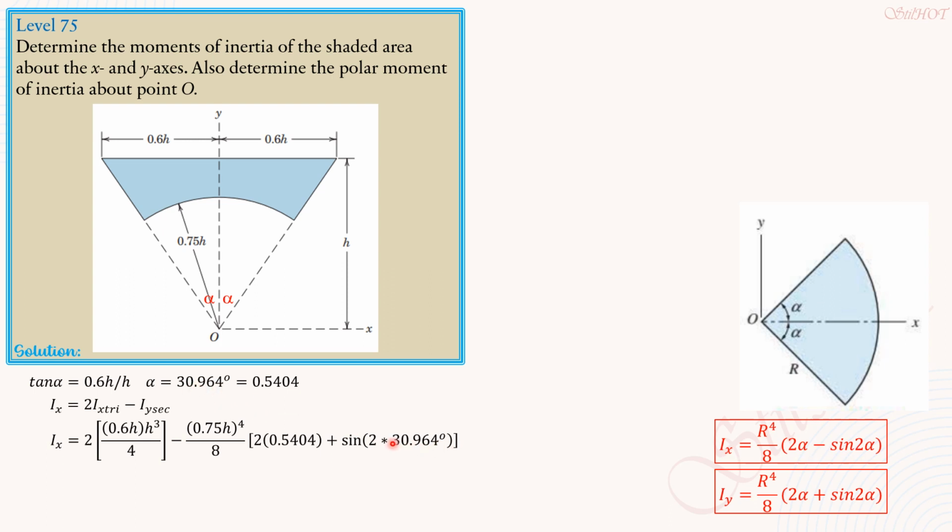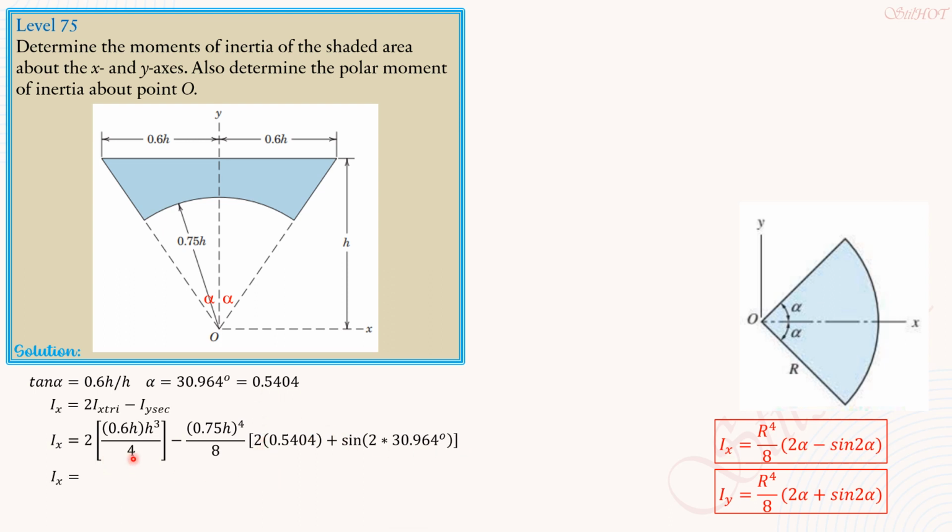If your calculator is in radian mode, you can use 0.5404. If your calculator is in degree mode, then just follow this substitution of the angle alpha.